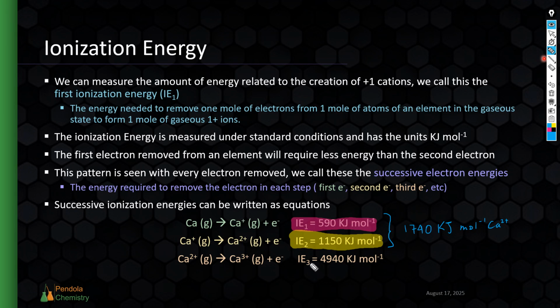This is the third ionization energy, so the ion in the products has a 3+ charge, so on and so forth. And that number is going to get larger and larger as we go through this. The larger the ionization energy, the more energy that it requires within the same atom, of course.